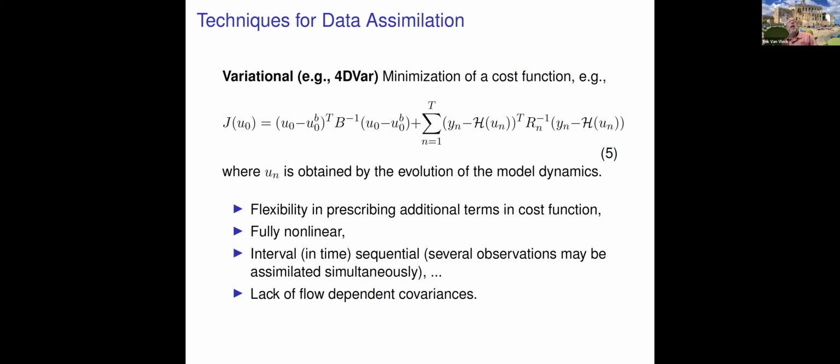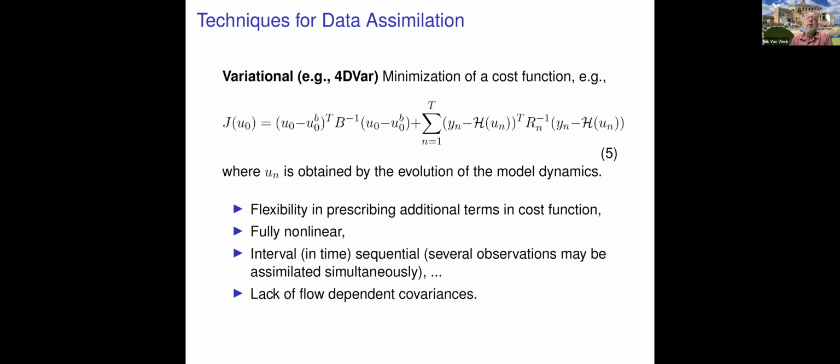Variational equations have the advantage that we can add other terms to the cost function. We can do a full Newton or BFGS or whatever your favorite optimizer is to deal with the full nonlinearity in the problem. It's what I call interval sequential, where several observations are assimilated simultaneously.